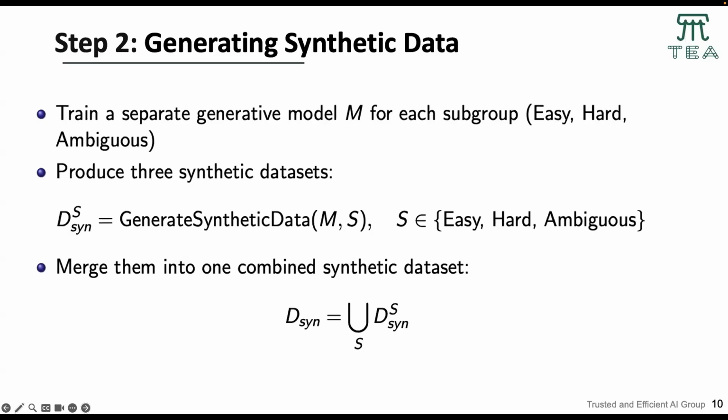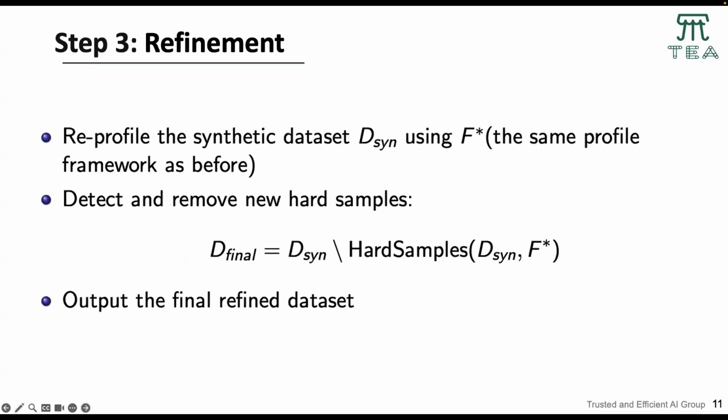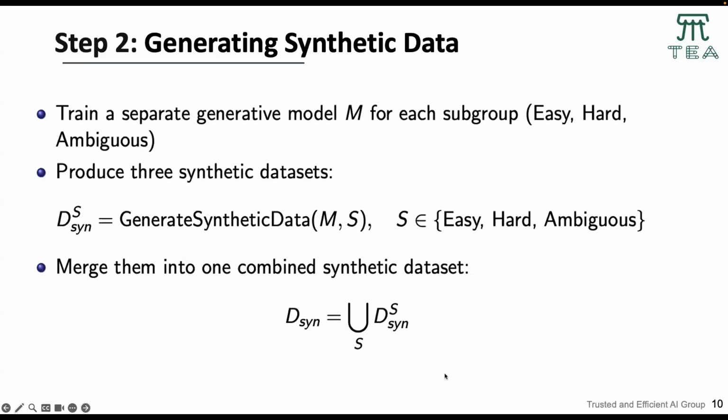So splitting is a good idea to learn the easy distribution and the hard sample distributions. In the end, they specify three subgroups: easy, hard, and ambiguous.